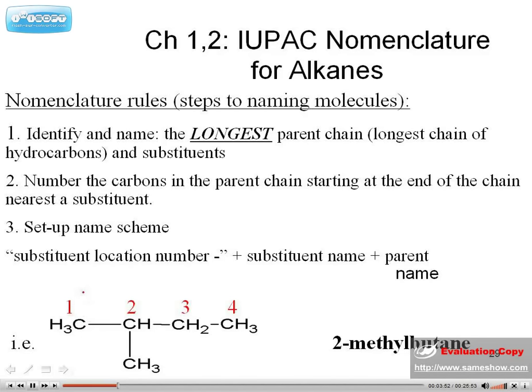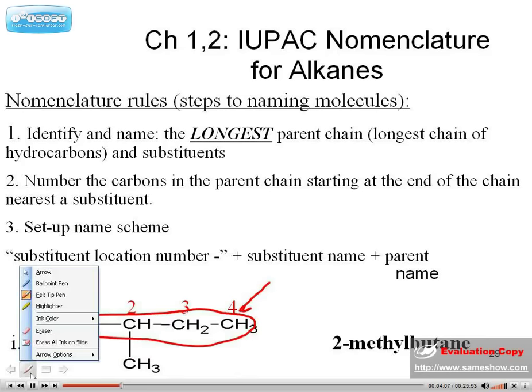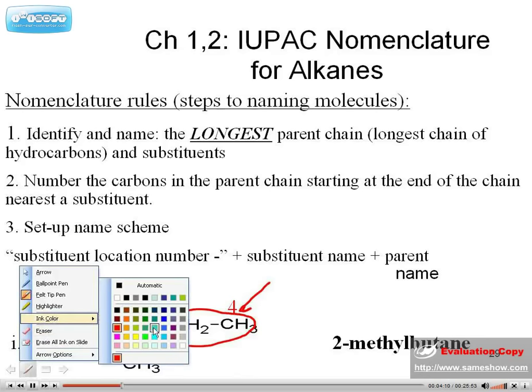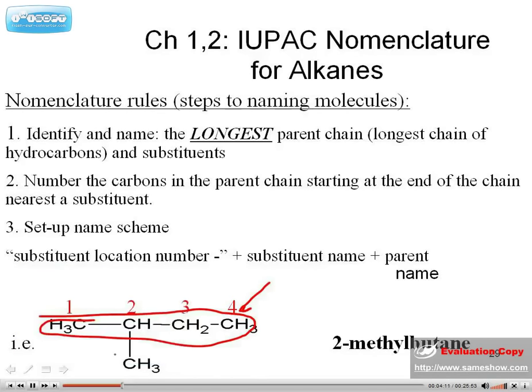So let's put everything together. The first thing we do is figure out what is the longest parent chain, at which point we go ahead and figure out if this is the parent, then where is the branch. In this case, highlighting in blue, this is going to be the branch. We then need to go ahead and figure out on what carbon the branch is located. So think of it as a zip code. In this case, we label from the side closest to the branch.